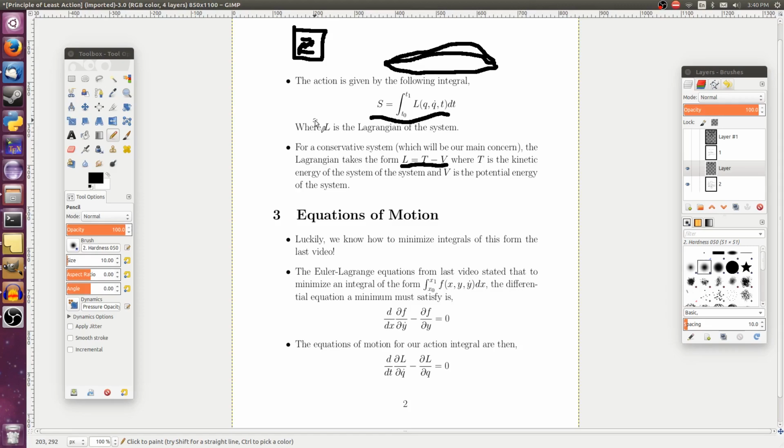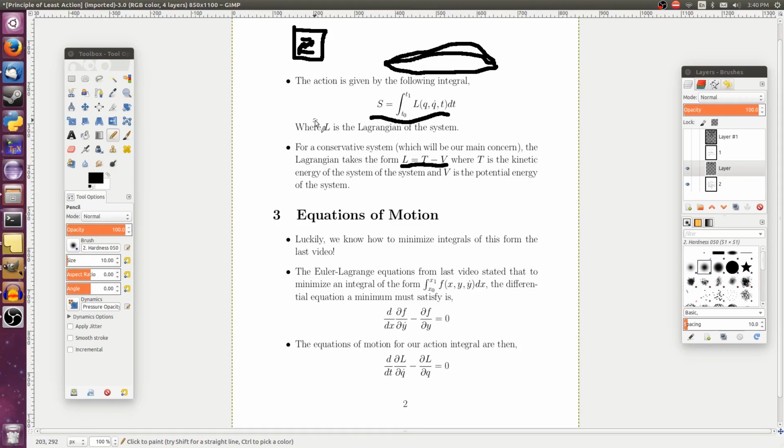So it's not so much that the system is doing calculus or looking at all the different possible paths it could take. It just does it because it's equivalent to Newton's laws. So if anything holds in Newton's laws, it's also going to hold in the Lagrangian formalism.